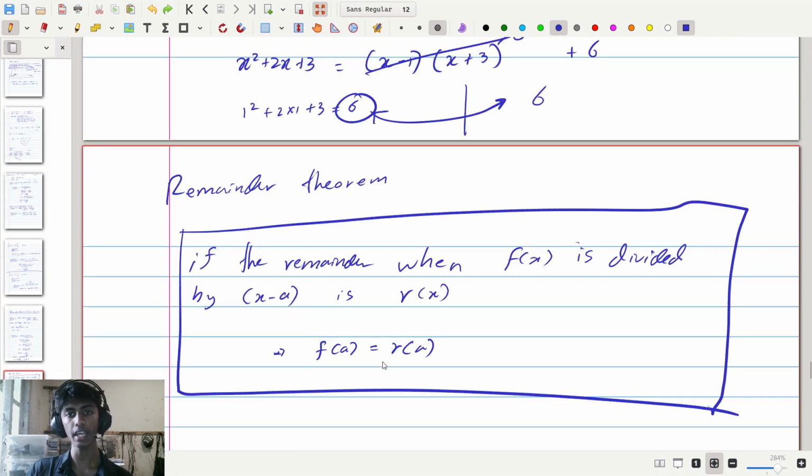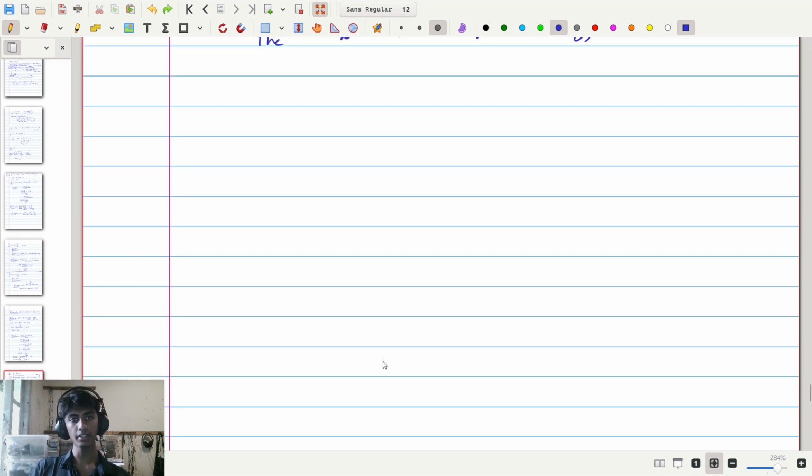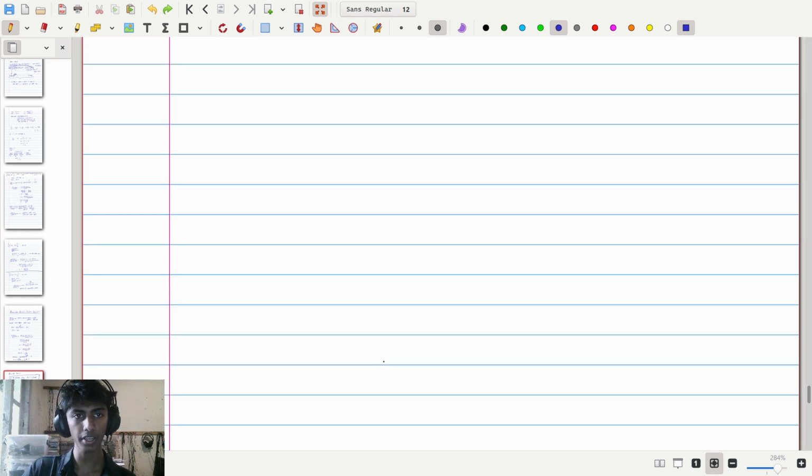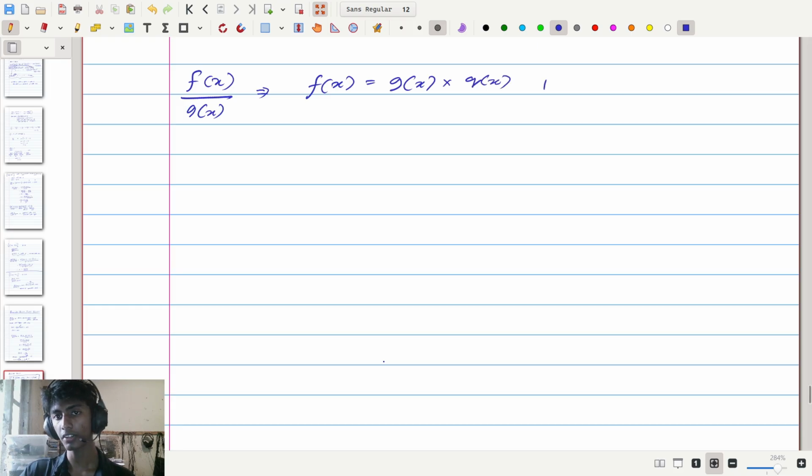If we have the case where f(x) and g(x) are the two functions which we are considering, and f(x) divided by g(x) gives us something such that f(x) is equal to g(x) times quotient q(x) plus a remainder r(x), where the remainder r(x) is equal to 0, i.e. there is no remainder, then g(x) times q(x) is a perfect multiple to give you f(x).